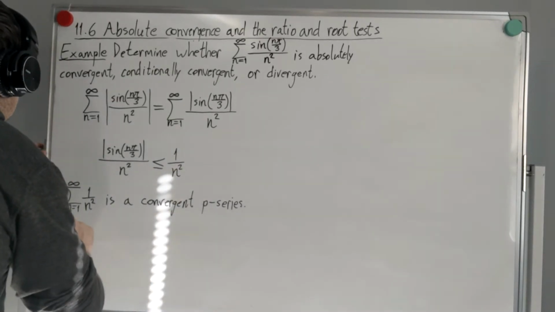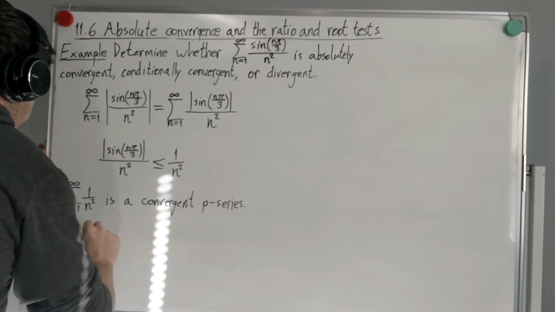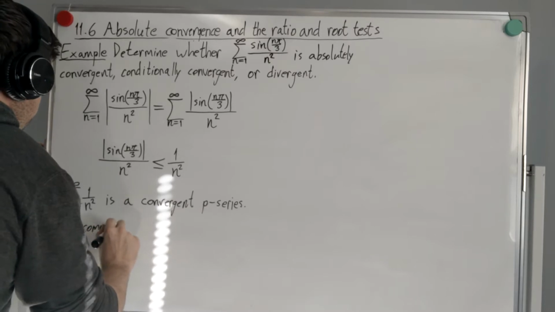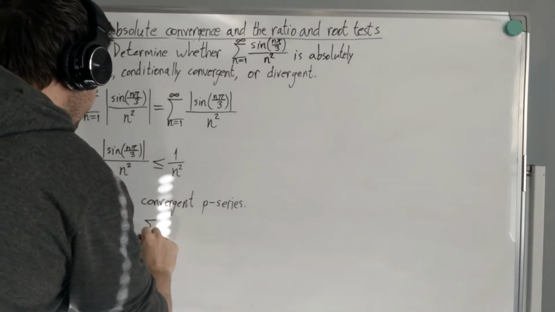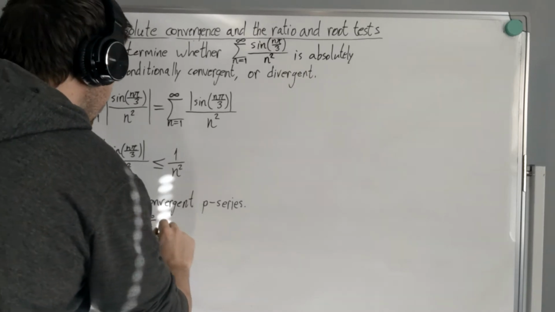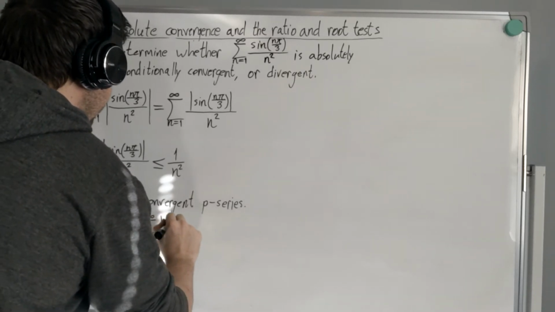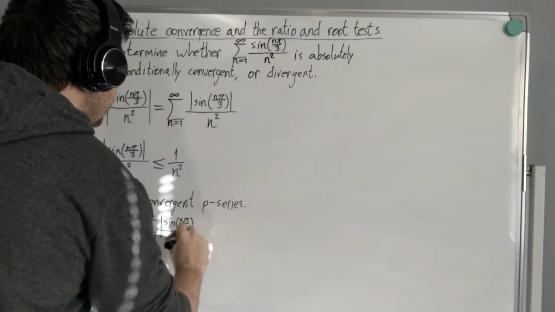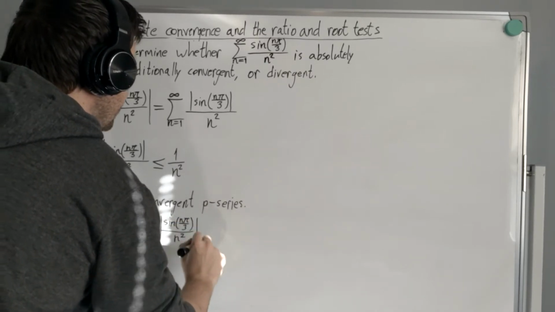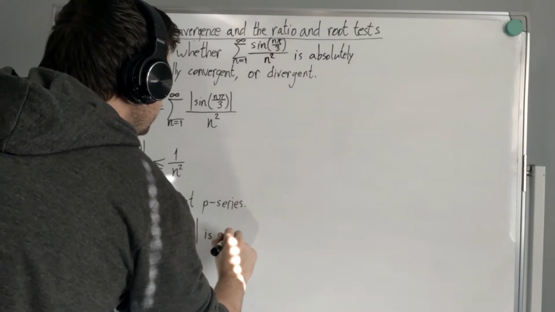Okay, so by comparison, the sum from n equals 1 to infinity of the absolute value of the sine of n pi over 3 divided by n squared is convergent as well.